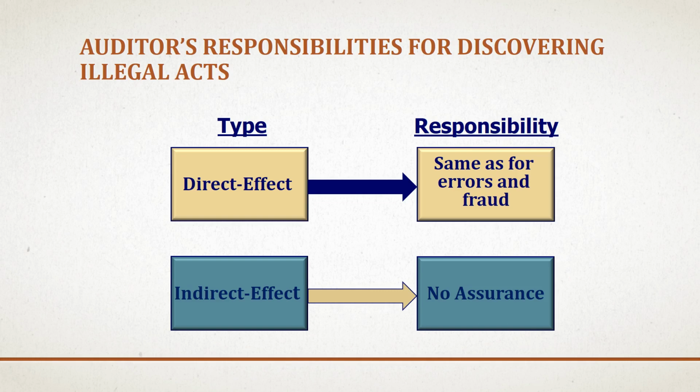This is illegal and has a very dire effect on financials because our payroll expense is understated, and our potential liabilities for withholdings could be understated as well, thereby grossly overstating our profit. As an auditor, we would have the same responsibility to detect these errors.